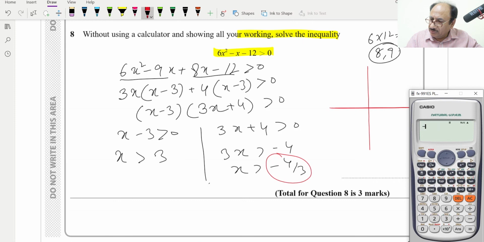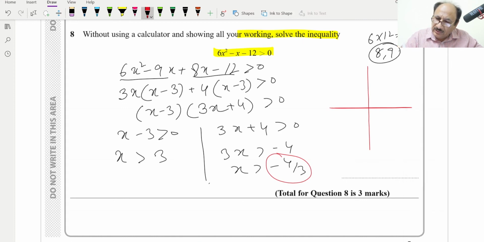Minus 4 over 3 in decimal will be minus 1.333. So we can take over here minus 4 over 3 because this is the negative side, and this is 3, so we can take 3 on this side.